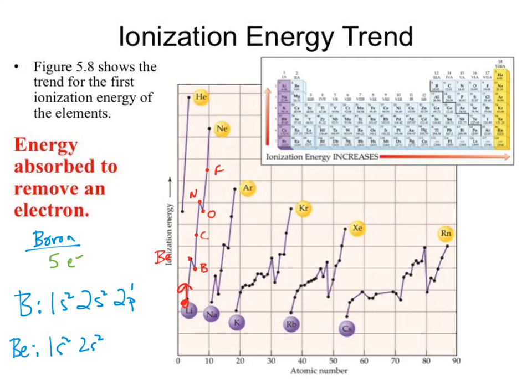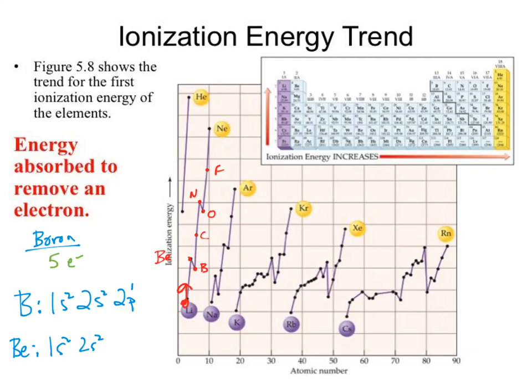Why would that ionization energy be lower? Why is it easier to remove an electron from boron than it is from beryllium? Because beryllium has all the sublevel orbitals full. In beryllium, all of our energy levels are completely saturated. They're full.